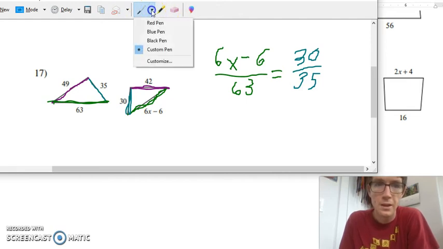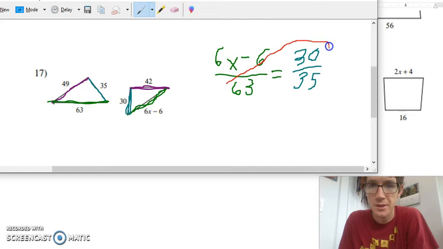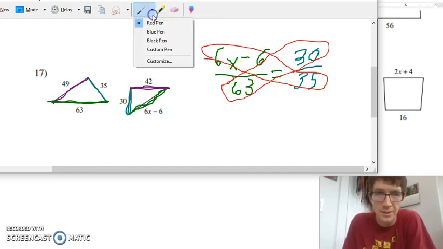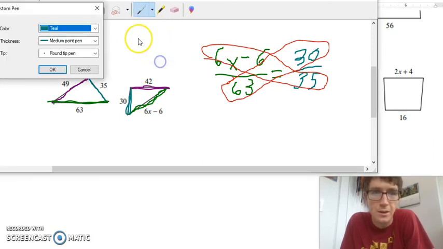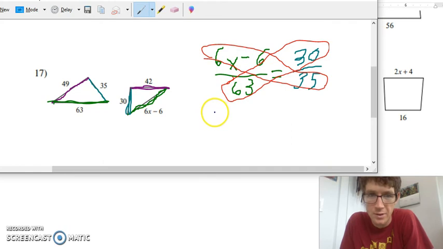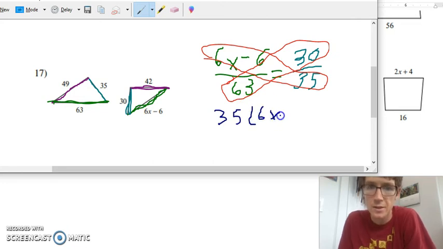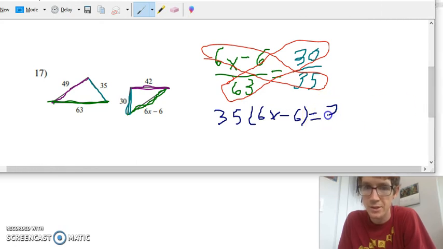Okay. So now we just have to cross multiply. So basically what we have now, we have 35 times 6x minus 6 must be equal to 30 times 63.